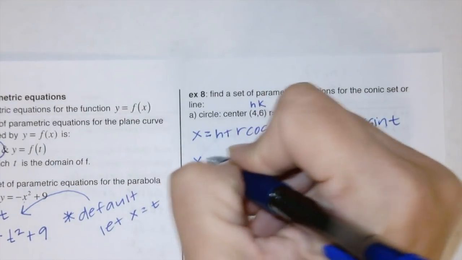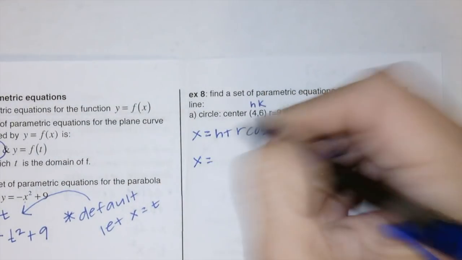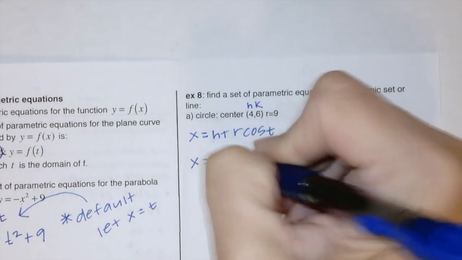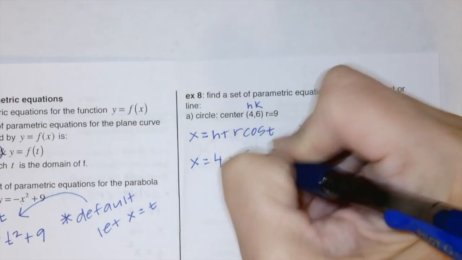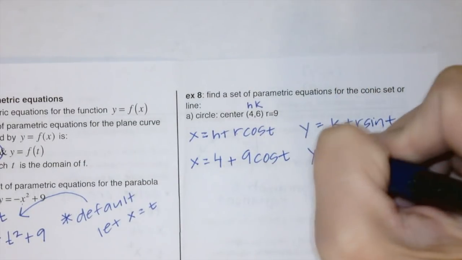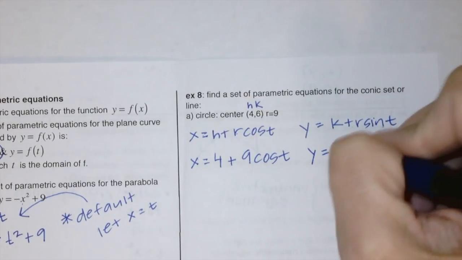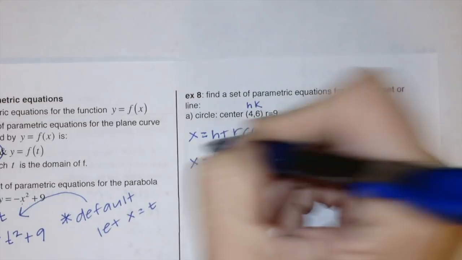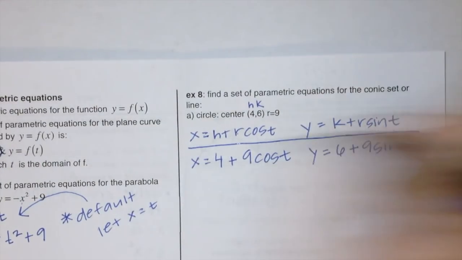Here's our rectangular information, and these are our equations for parametric. H is 4 plus r is 6. Over here, 6 plus 9 sine t. There's your two parametric equations. That's all you have to do.